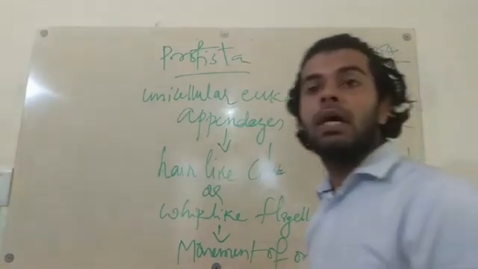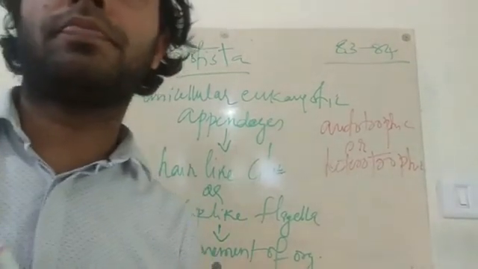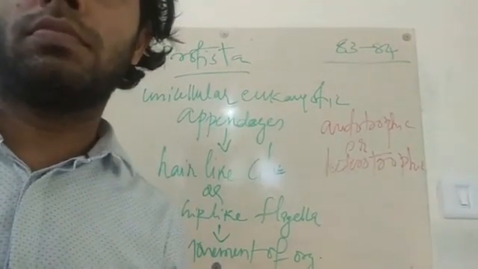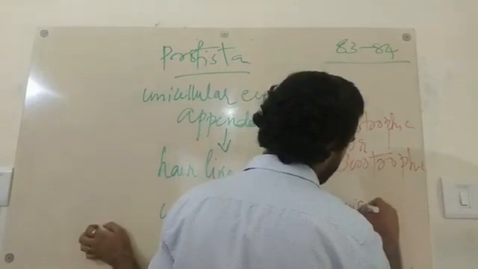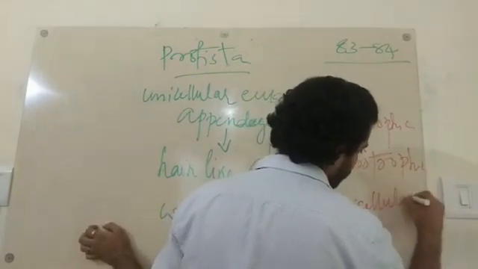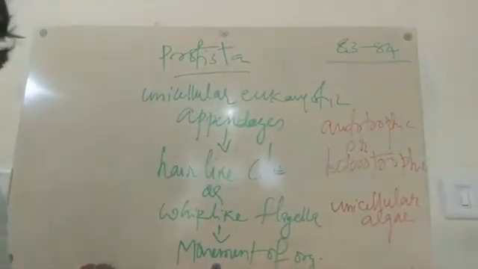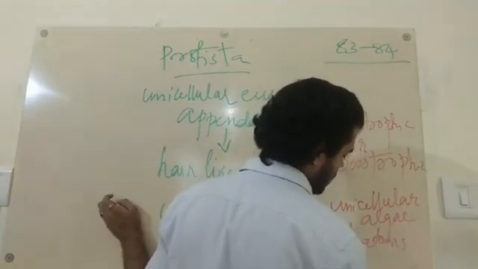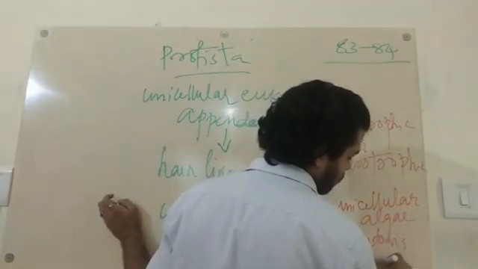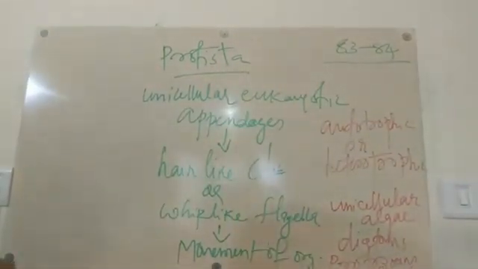Examples are unicellular algae, diatoms and protozoans. Okay, so you just write it.